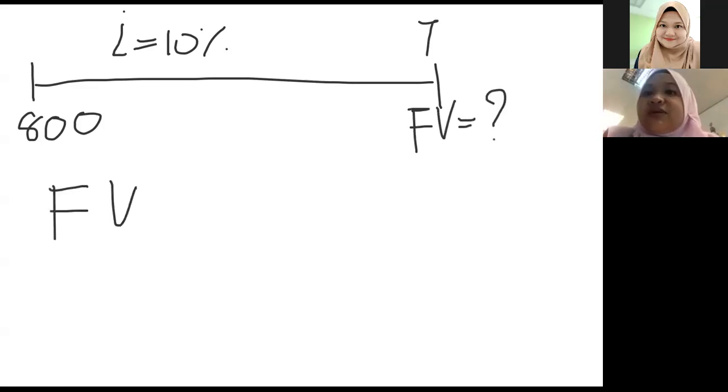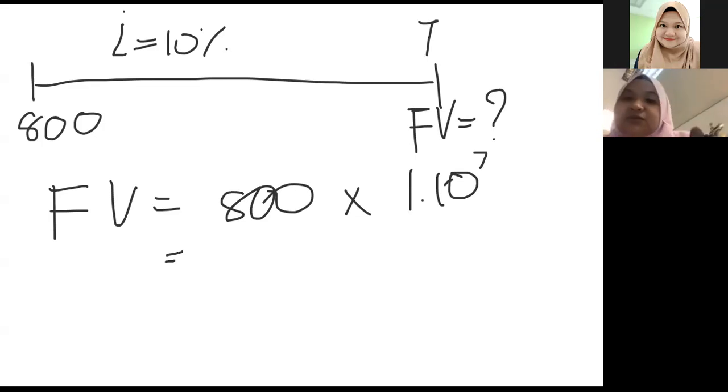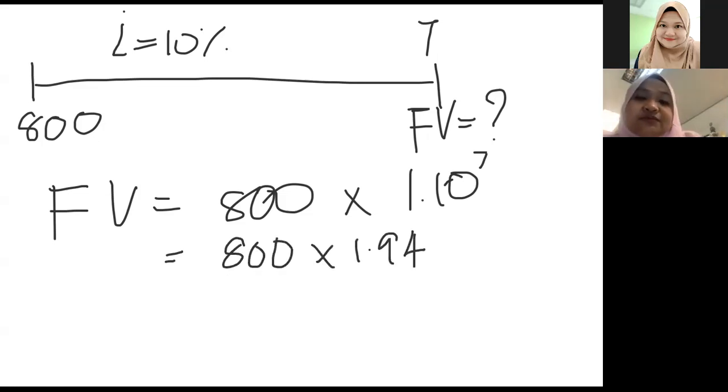So you straight away calculate the future value. 800 is the present value times 1.1 to the power of 7. So 1.1 to the power of 7 is equal to 1.9487.